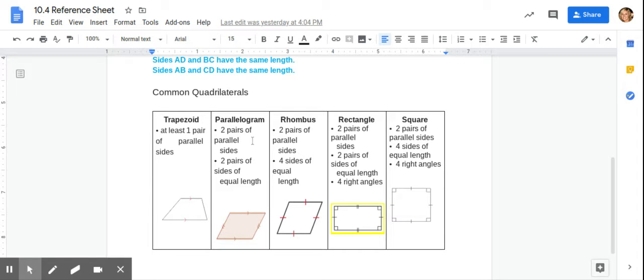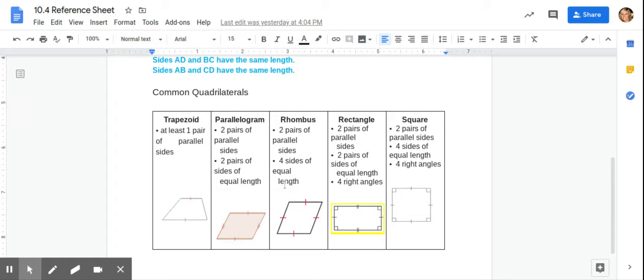A parallelogram has two pairs of parallel sides and two pairs of sides with equal length. So we have this one and this one are parallel to each other, and then this side here and this side here are parallel to each other. So that's two pairs.